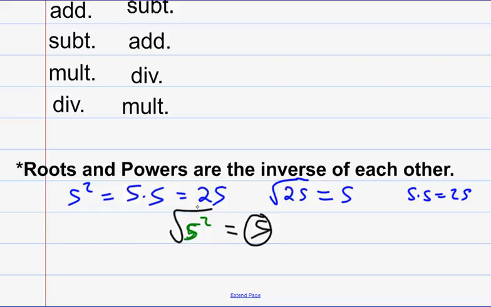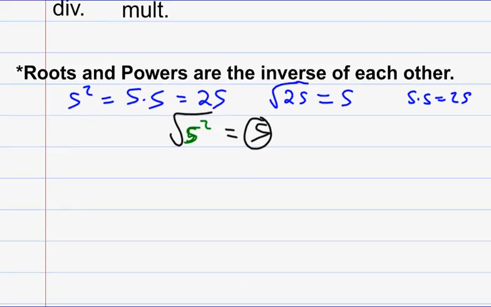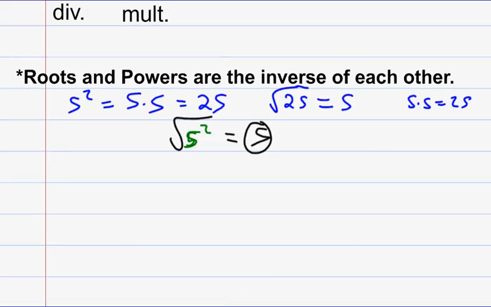Square roots and the exponent of 2 cancel each other out. And if I started with the square root of 25, the opposite of that would be squaring the whole thing, and that cancels out and just becomes 25. So if you square root something and you square something, they cancel each other out.